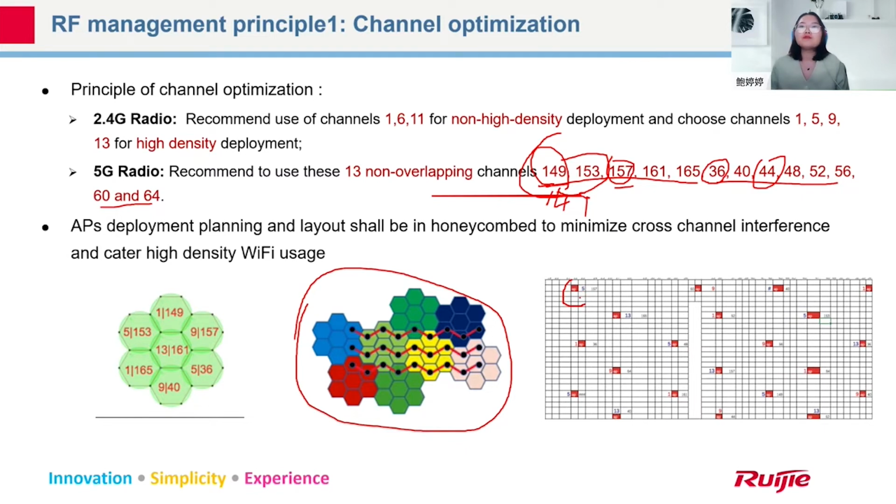And if you have two radios and another channel, we use this one, 157. And for this AP, we use 13 and 165. And another one like this. So finally, remember to choose different channels for different APs to avoid the influence as much as possible.